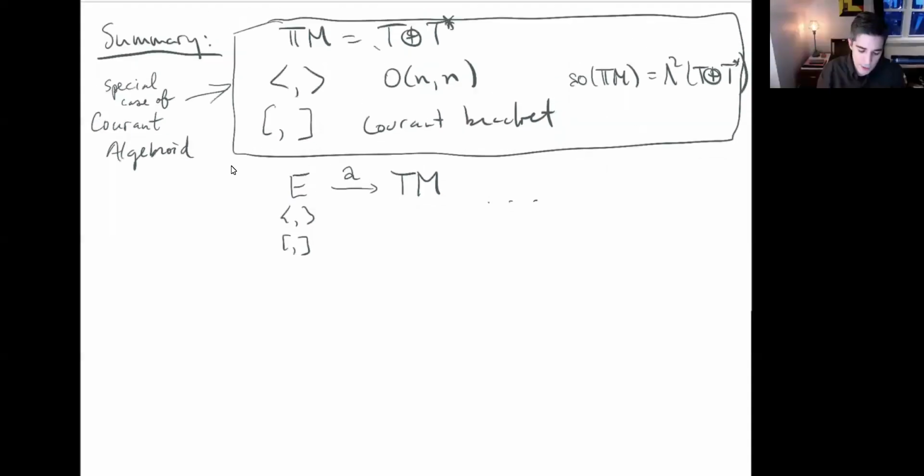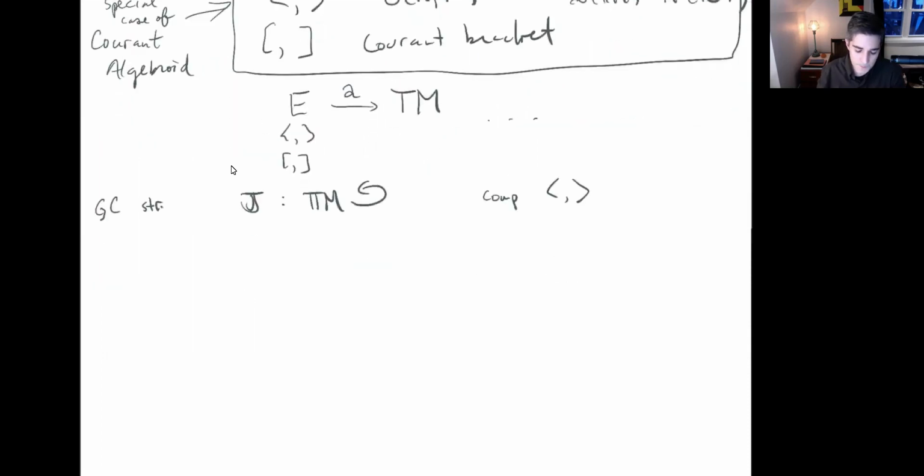Yeah. So the summary. Then we have a geometric structure, a generalized complex structure, J. It's compatible with the inner product, and the plus i eigenspace is involutive.